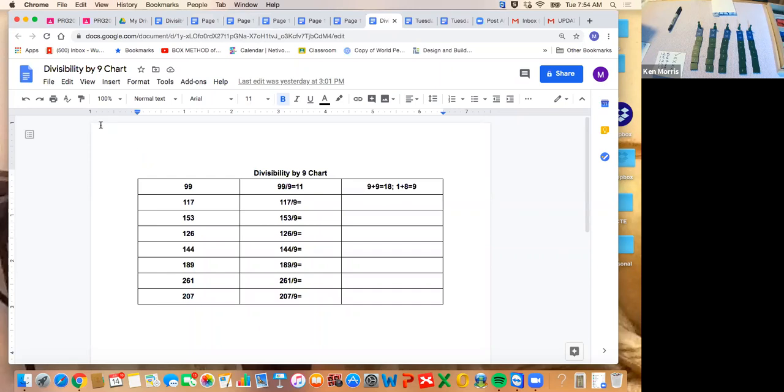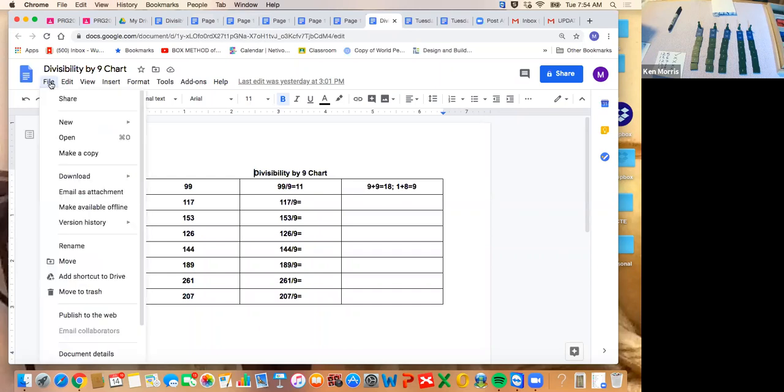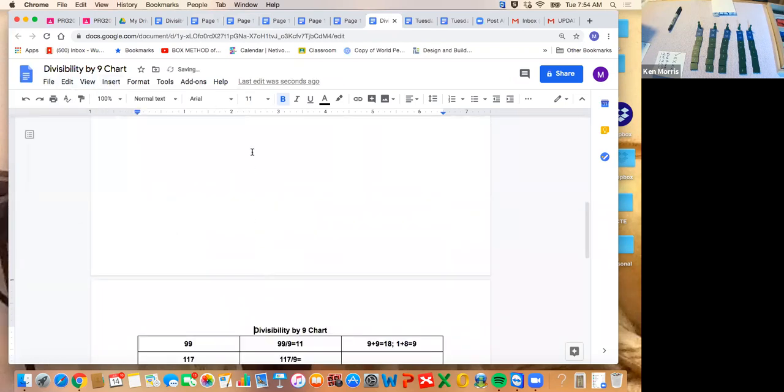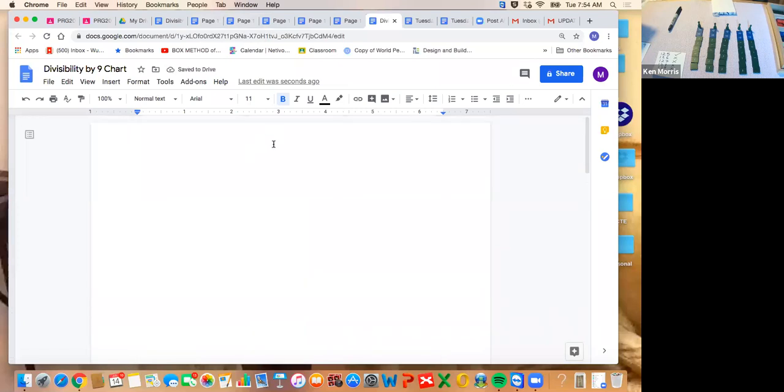All right, I'm going to put a page break here. It's amazing. It doesn't matter how prepared I think I am. I always miss something, but that's fine. It's easy enough to fix. Divisibility by 9. Okay.